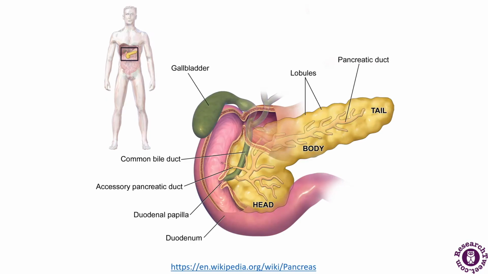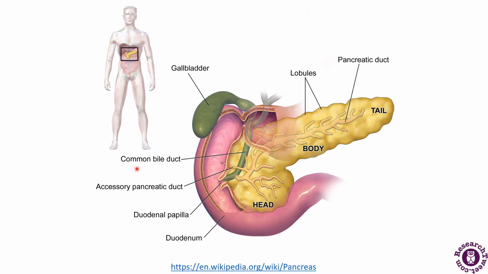This is a diagrammatic representation of the pancreas, which shows the pancreatic duct. This is the tail, this is the body, and this is the head of the pancreas. It is a large gland that lies alongside the stomach and the small bowel. You can see in the person standing here a magnified view of the pancreas.